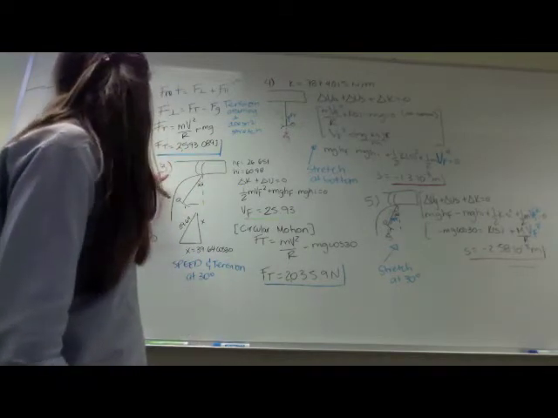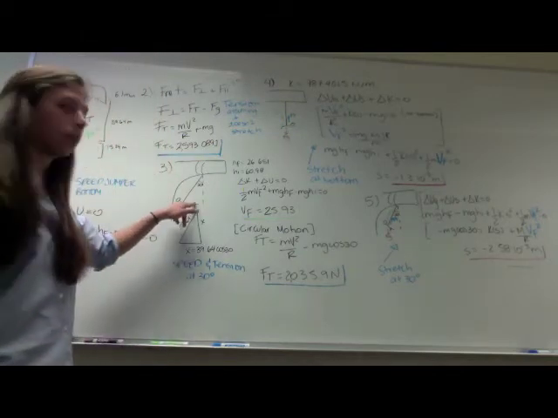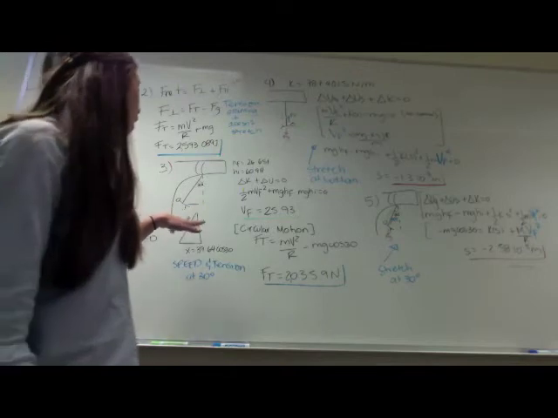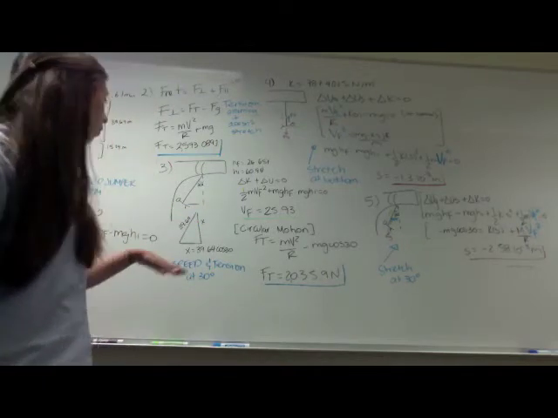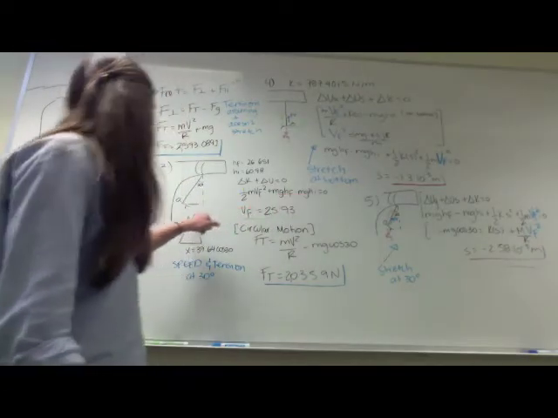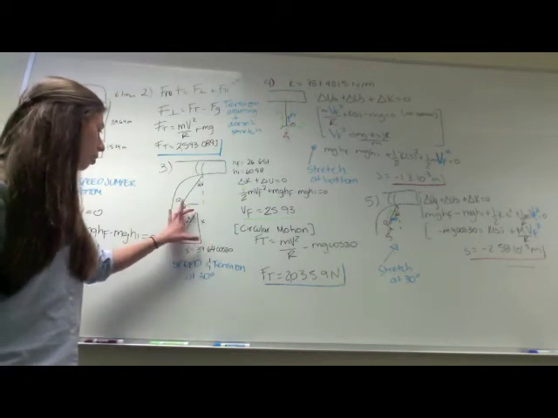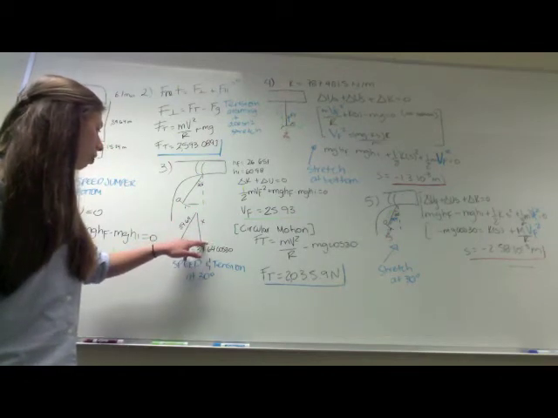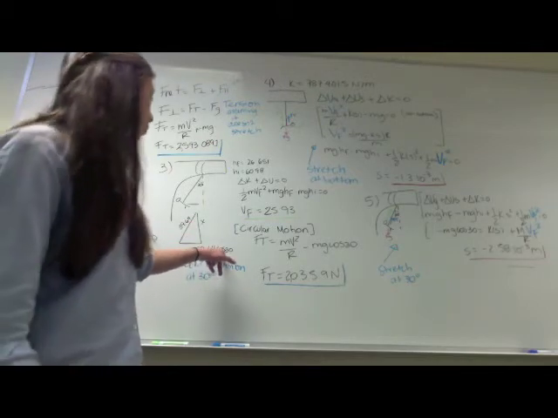Then for part 3, I had to calculate the speed and tension, but now at 30 degrees from the vertical. The process is practically the same, but the distances change. For example, the distance from the ground is different, and I got it from trigonometry. We know that x, the initial distance, is equal to the length of the rope times cosine 30.